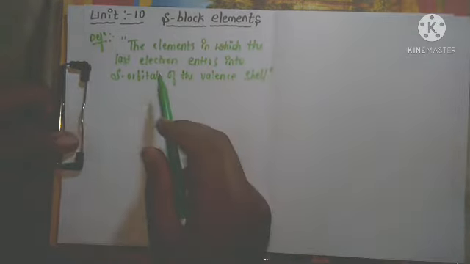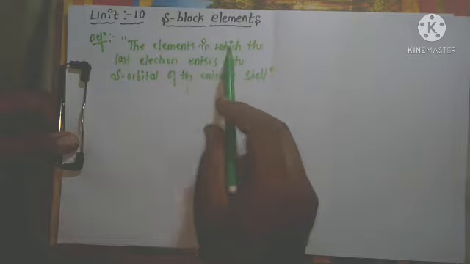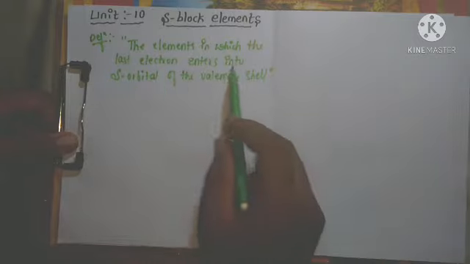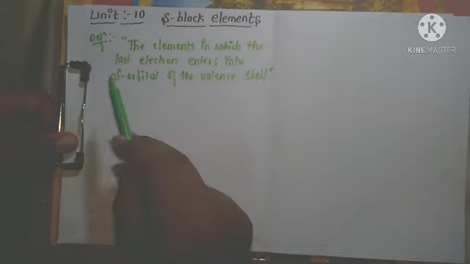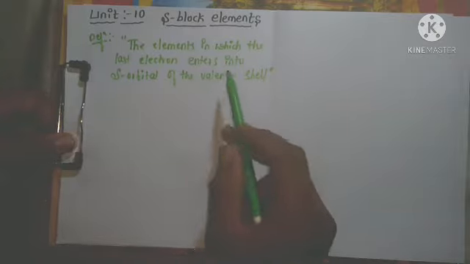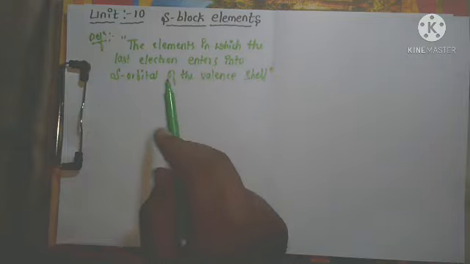What is meant by S block elements? The elements in which the last electron, or the differentiating electron, enters into the s orbital of the last shell, outermost shell, or valence shell, are called S block elements.